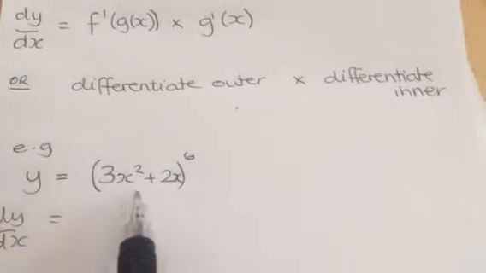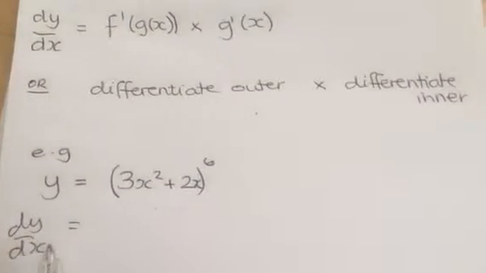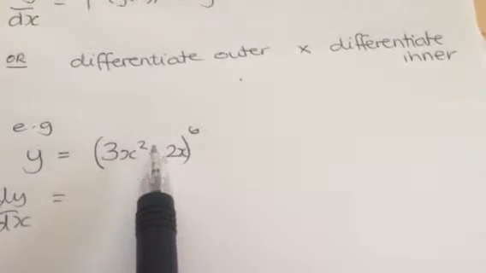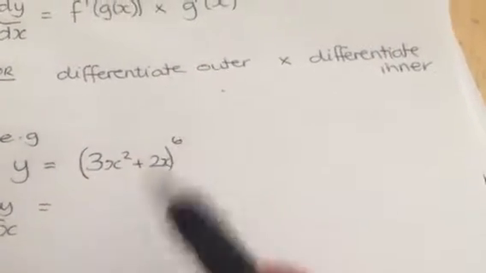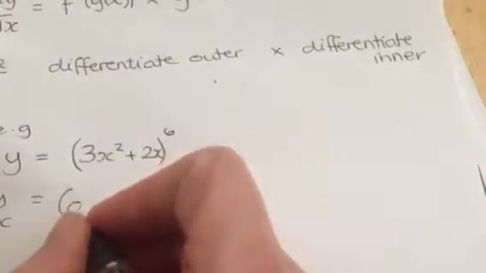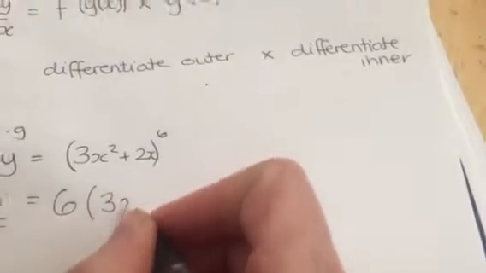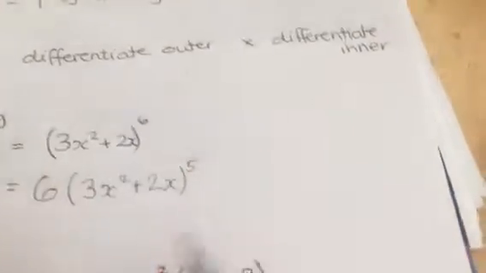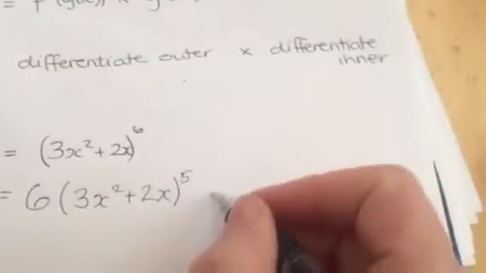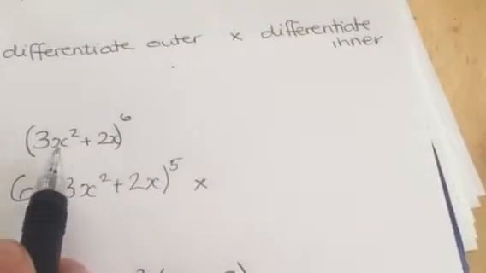So if I've got y equals (3x squared plus 2x) to the power of 6, to differentiate, I look at it and I say it's something to the power of 6. So if I differentiate something to the power of 6, that's 6 times something to the power of 5. And then I need to multiply it by the inside function differentiated.